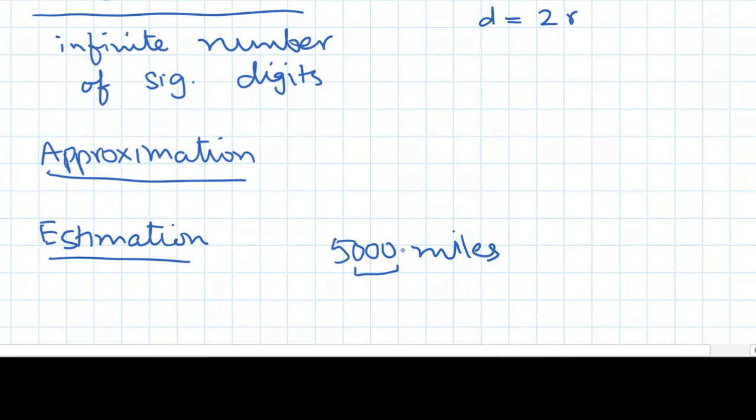Those 3 zeros have no meaning in the sense of certainty. There is really one significant digit in that case. Or if it was, say, 25, then it will be 2. So when you do an estimation like this, it's called order of magnitude.